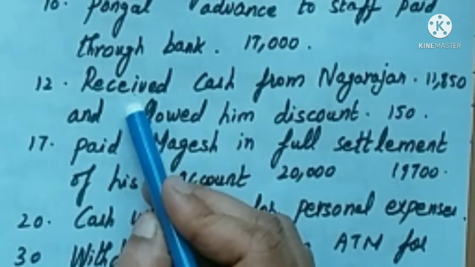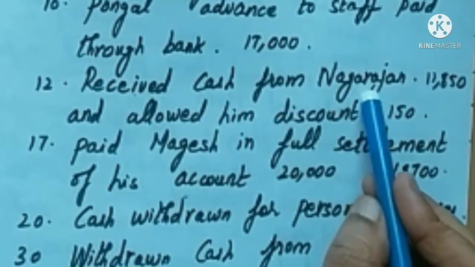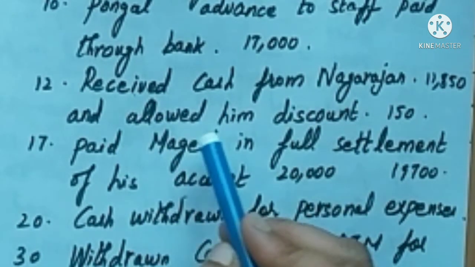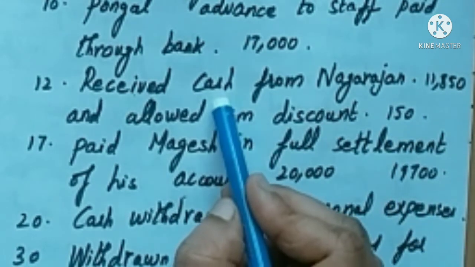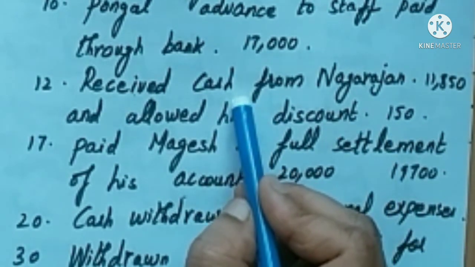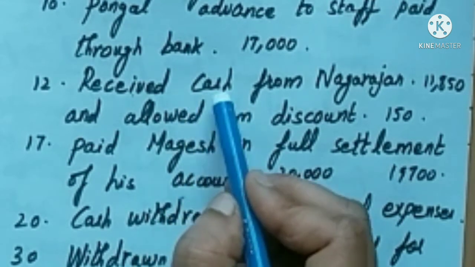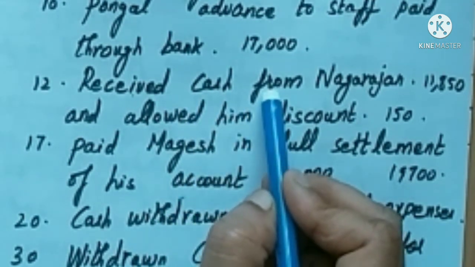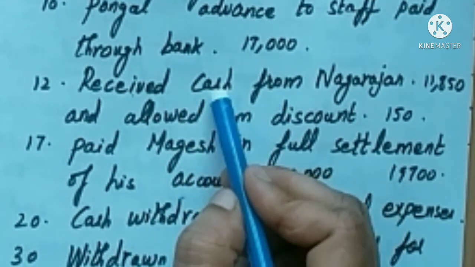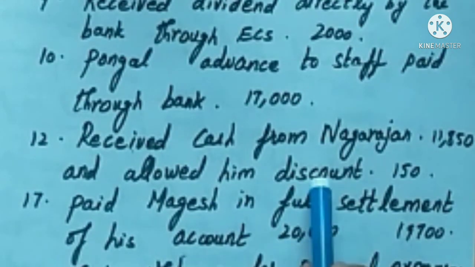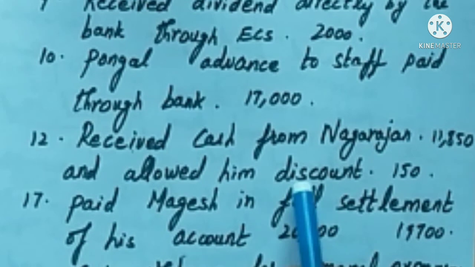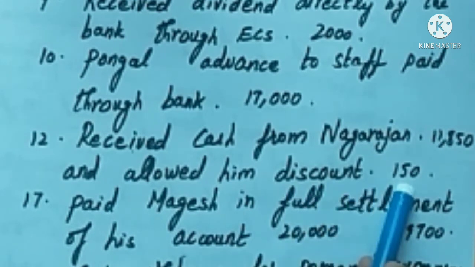Next is received cash from Nagarajan and allowed discount rupees 150. So what is the entry for this transaction? When we receive cash, cash is coming inside. So the entry is cash account debit, and we are allowing discount, so the entry is discount allowed account 150.